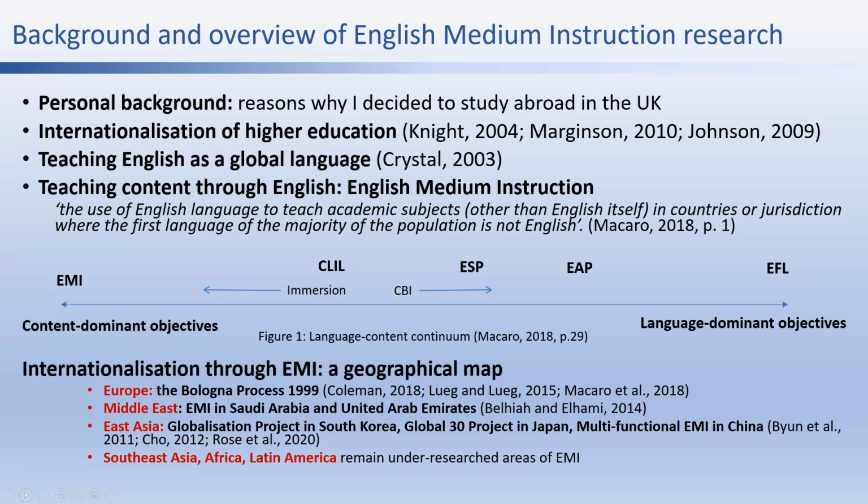So not just in the Middle East, but also in East Asia, there have been lots of initiatives. In South Korea, you have the Globalization Project, or the Global 30 Project in Japan, and EMI is also gaining momentum in China as well, talking about transnational education and the increasingly recognized role and important status of English in those countries.